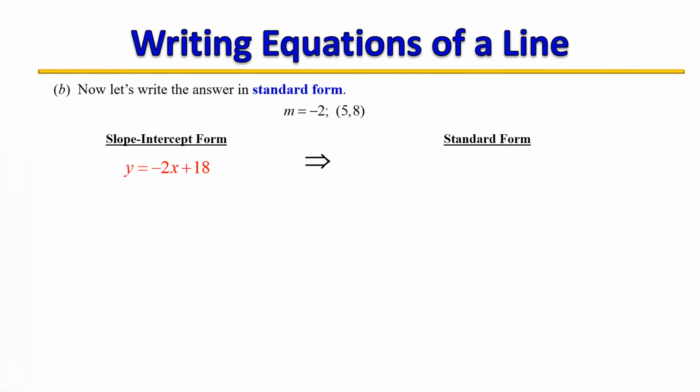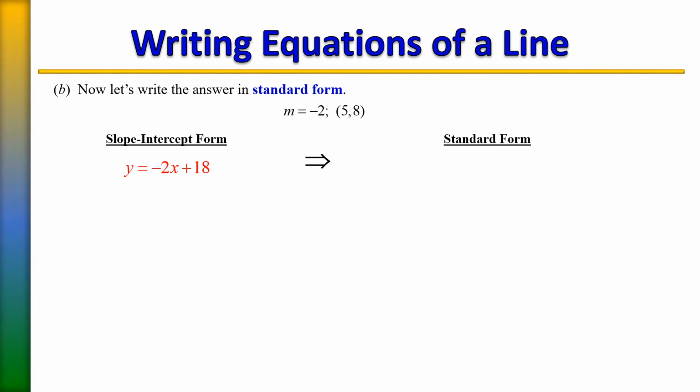Now, what if we were asked to write that in standard form? Because right now, our answer is in slope-intercept form. So recall standard form is where x is first, then y, and then the constant, the number, is by itself on the right side.